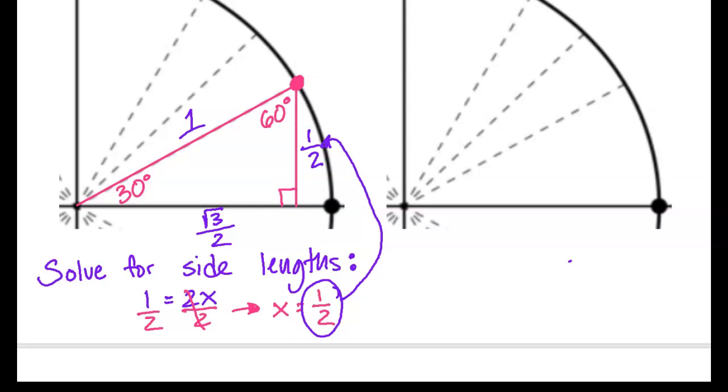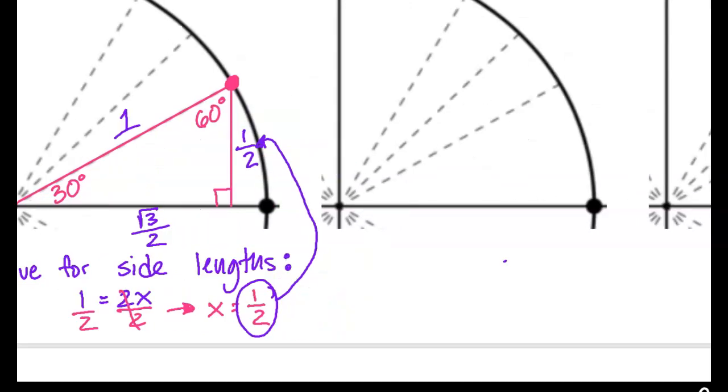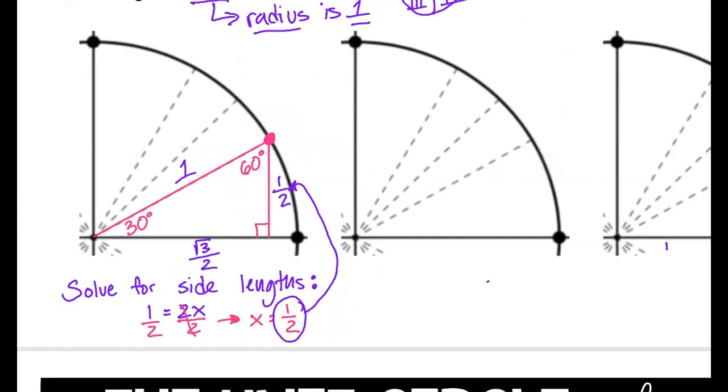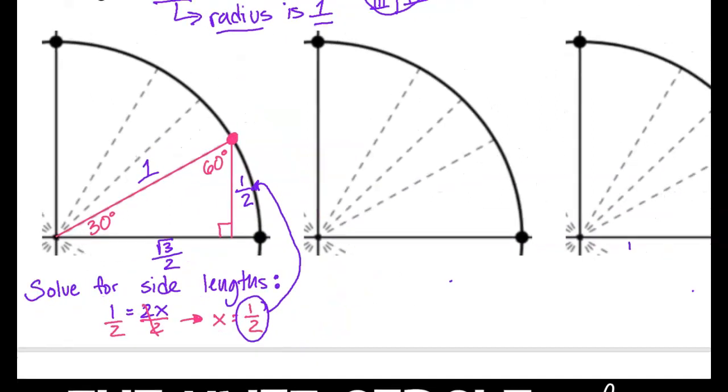Okay, so now let's do our next triangle. Actually, no, let's pause because I want to explain exactly why this is so important.